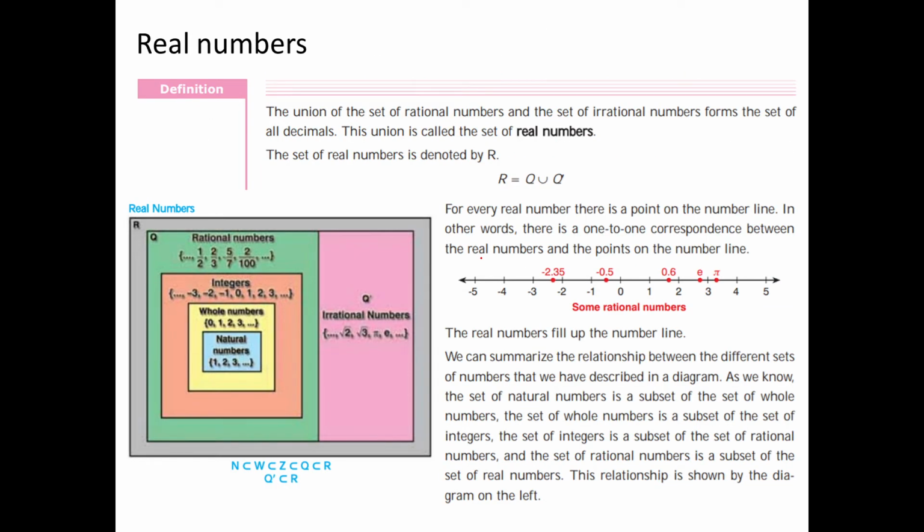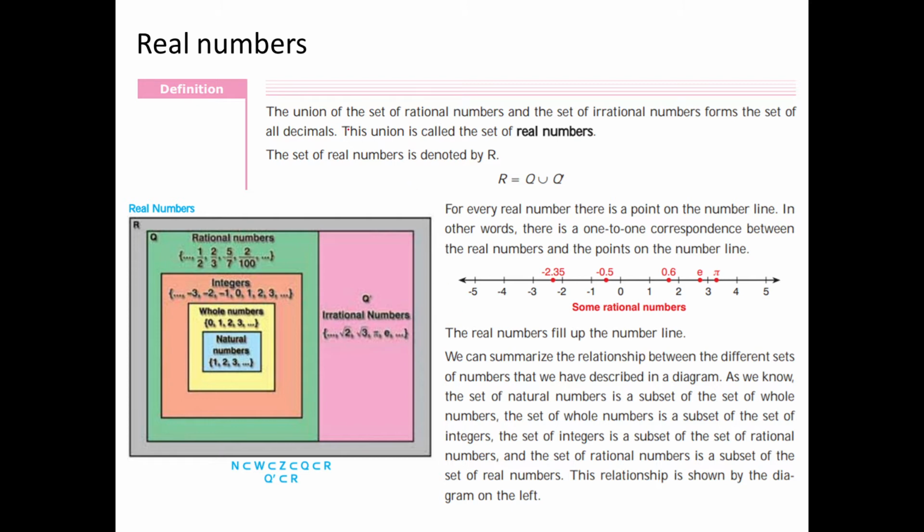And the union of the set of rational numbers and the set of irrational numbers forms the set of all decimals. This union is called the set of real numbers. The set of real numbers is denoted by R. Some examples of real numbers are -2.35, -0.5, 0.6, e or pi.